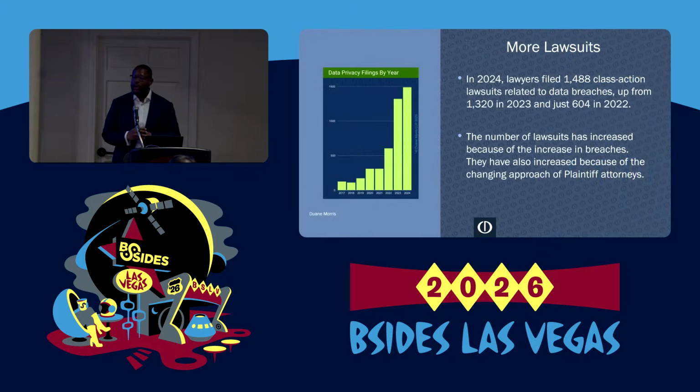And so more and more lawsuits are filed. In 2024, there were almost 1,500 data breach class actions filed against companies who sent out notices to consumers. The number has increased not just because there are more breaches, but because of the changing attitudes of plaintiffs' lawyers.